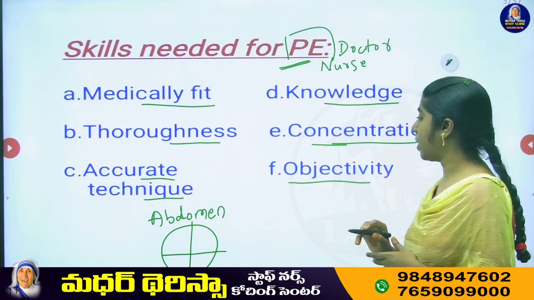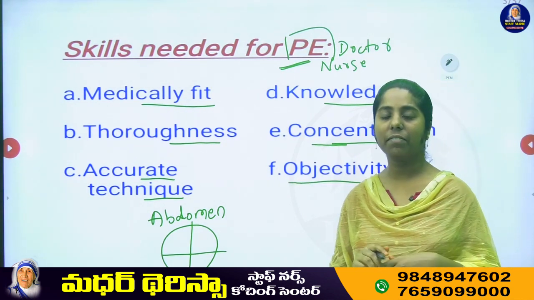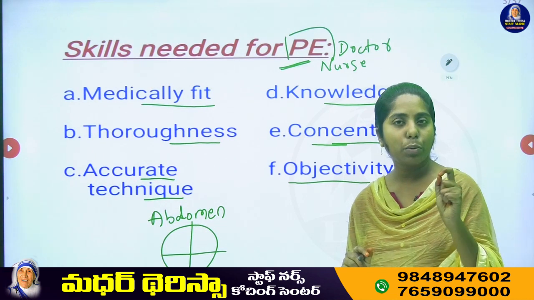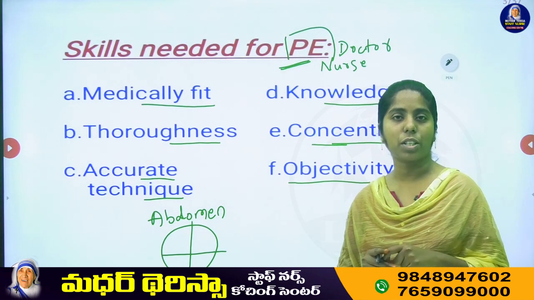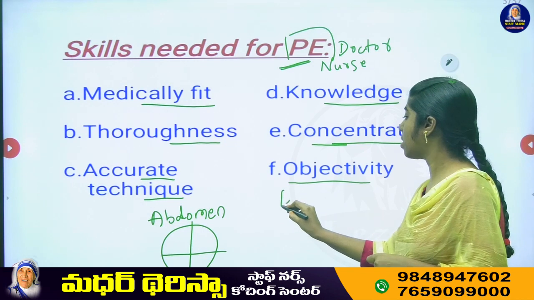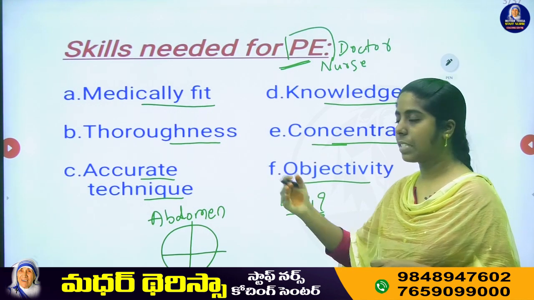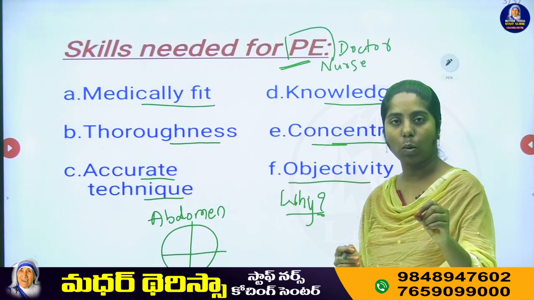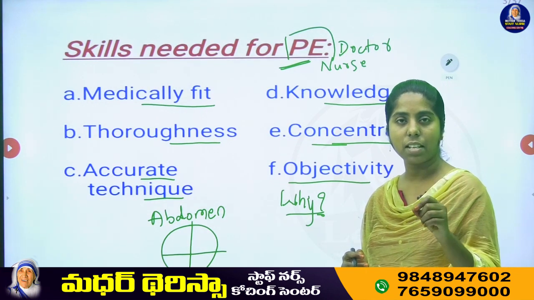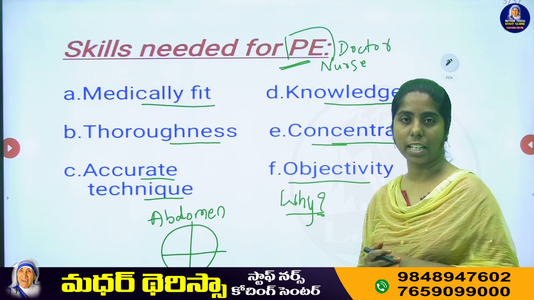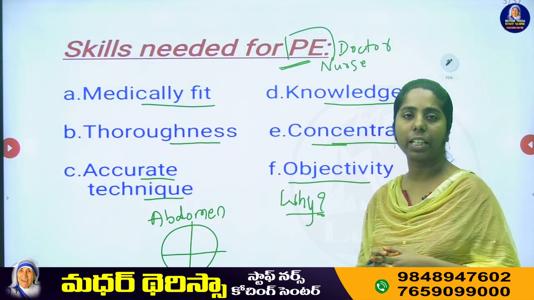And objectivity is nothing but having a specific goal. Why do you need to do a physical examination? If you get this question, in the previous slide we discussed that there are certain goals and aims to perform a physical examination. That is nothing but objectivity.